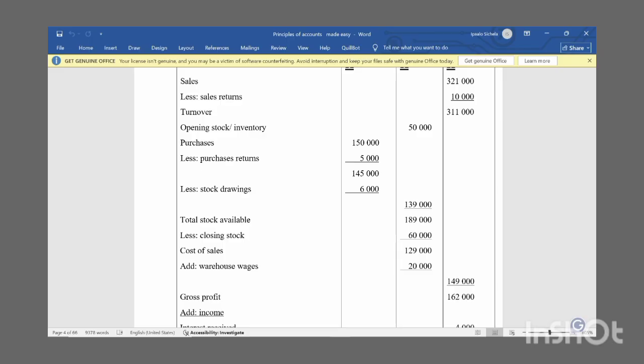Always. So in this case, we had warehouse wages. So we have to add 20,000 to 129,000 and we will get 149,000. What I wanted you to understand is whenever we have warehouse expenses like warehouse wages, warehouse rent, warehouse light and heat, warehouse whatever, as long as you have warehouse something, you have to add it to the cost of sales.